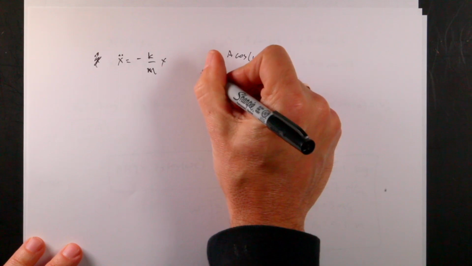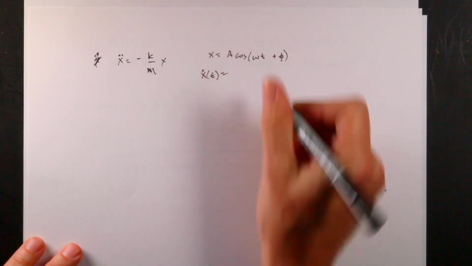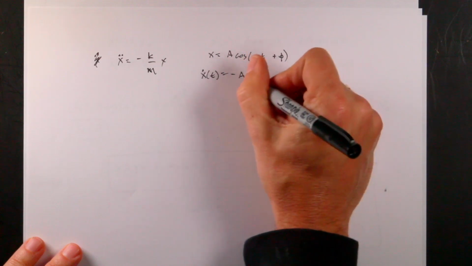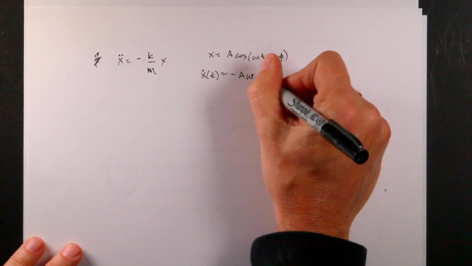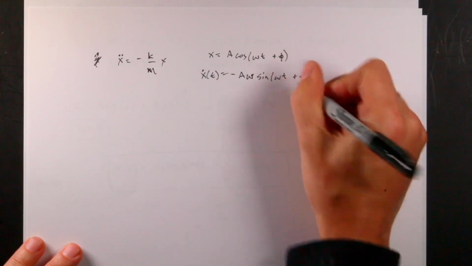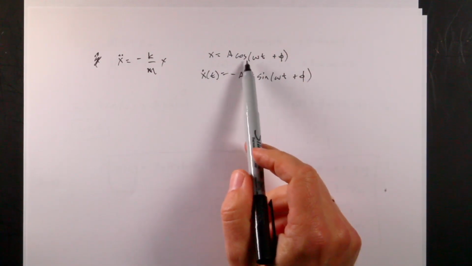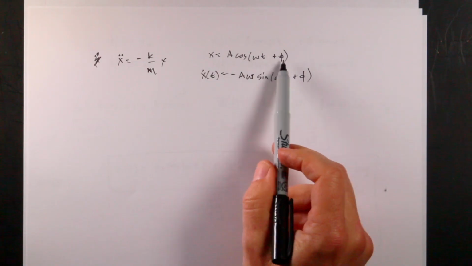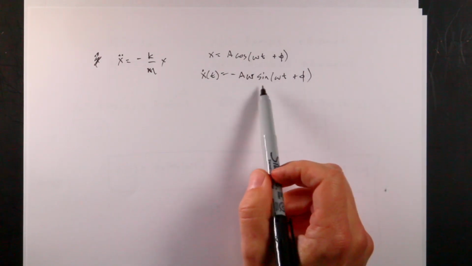So x dot as a function of t is going to be equal to negative a omega times sine of omega t plus phi. When I take the derivative of cosine, I get negative sine. The derivative of omega t is omega, and the derivative of phi is 0, so it doesn't show up.